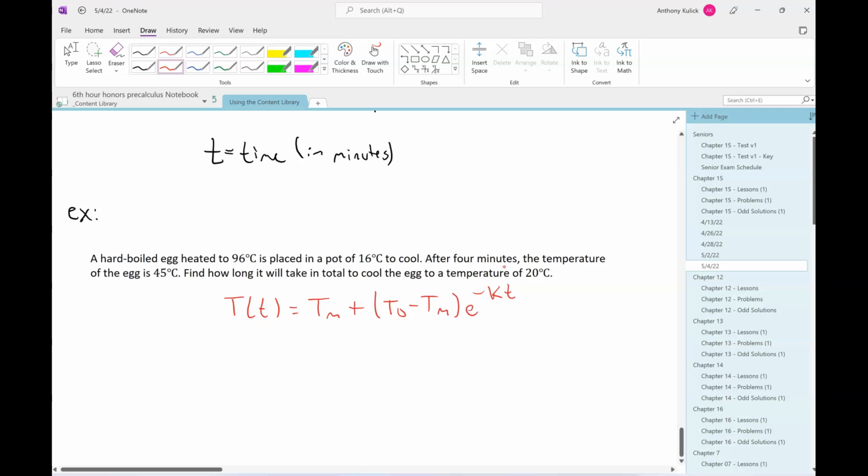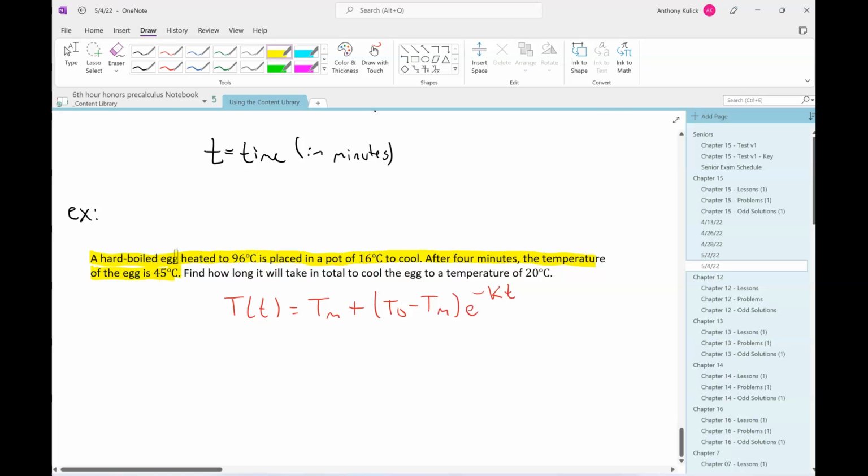If I read this problem, I'm given a lot of information, but there's distinctly one piece of information lacking. What piece of information is not ever given to me in here? The K. In no point are we talking about the constant of cooling for an egg. So what we're going to do is, the first part of this question gives me information about a specific situation.